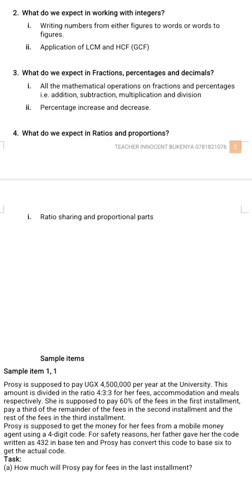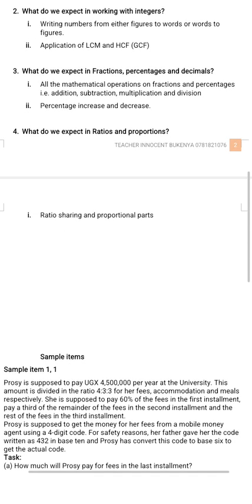Number 2, what we expect is application of LCM and HCF. Here, I will urge you, please, go and find out how we get the LCM. Maybe I can just say something very small about the LCM. If you're using the ladder method, you find any factor, beginning from the smallest factor, and normally test with 2.